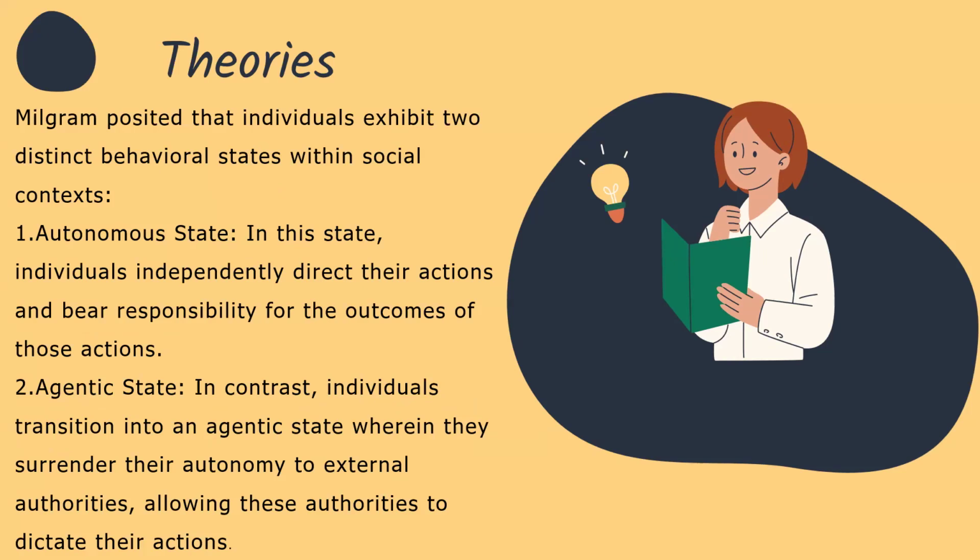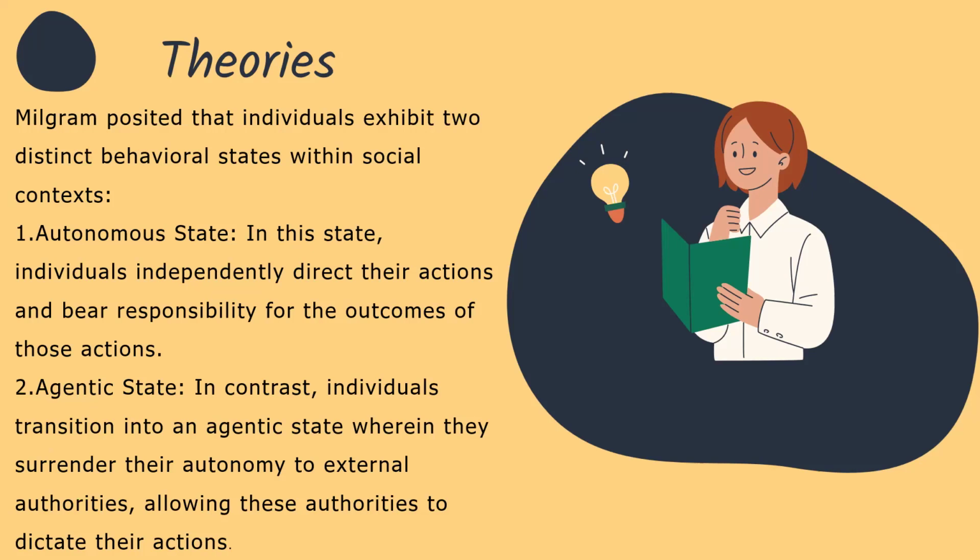Milgram posited that individuals exhibit two distinct behavioral states within social contexts. The first state was the autonomous state. I think in this state, individuals independently direct their actions and bear responsibility for the outcomes of those actions.